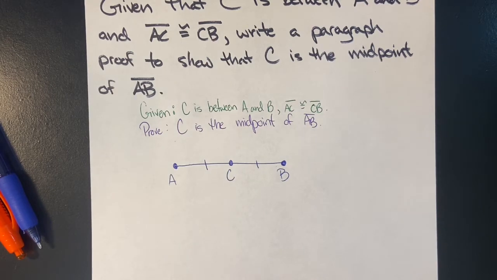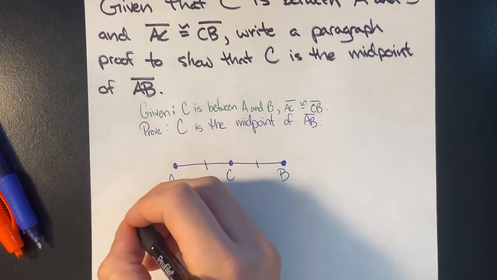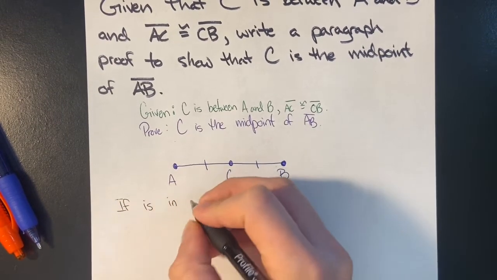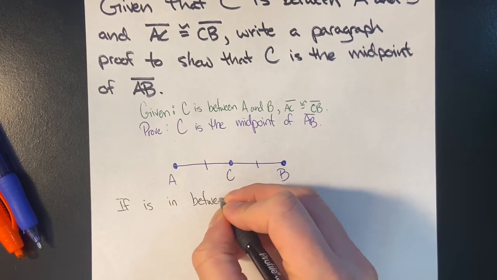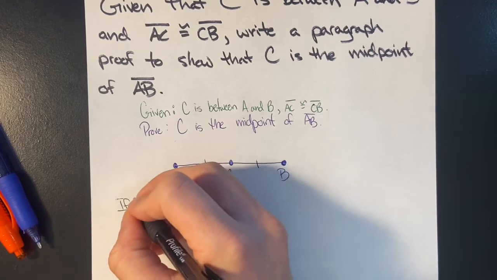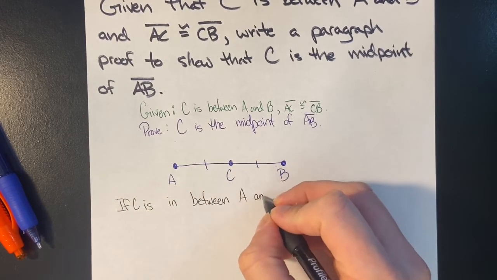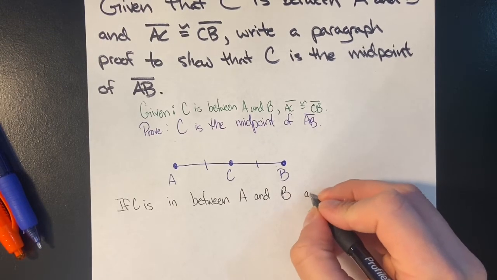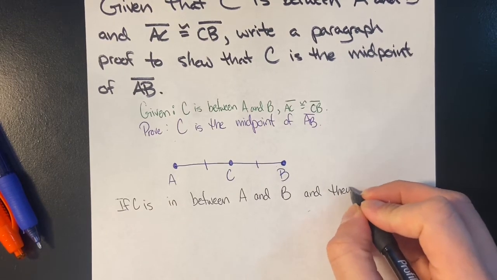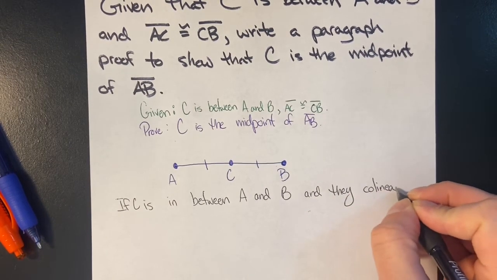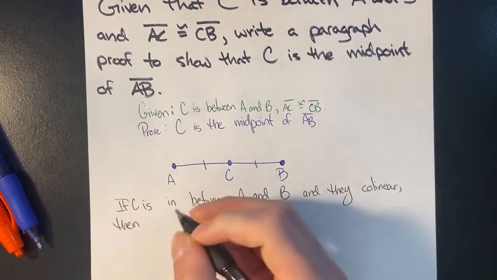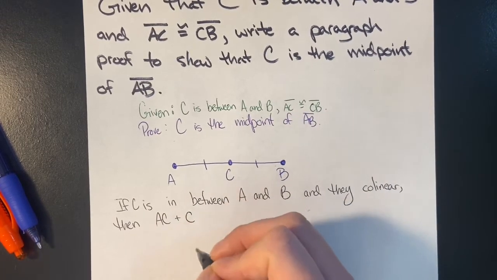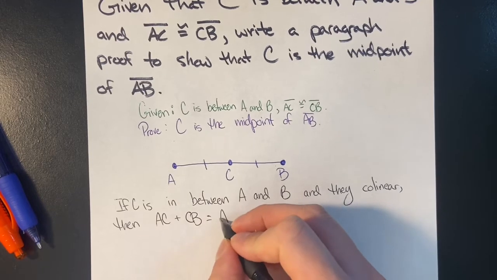So what I'm going to do is, if C is in between A and B, and also they are collinear, then AC plus CB equals AB.